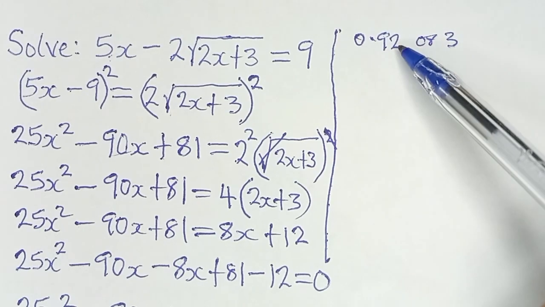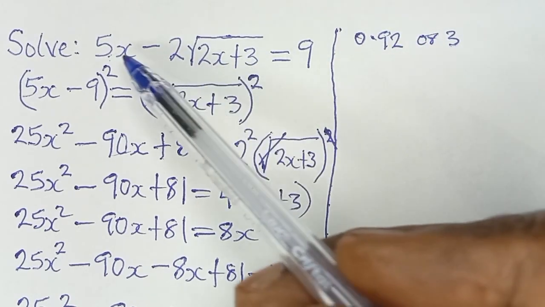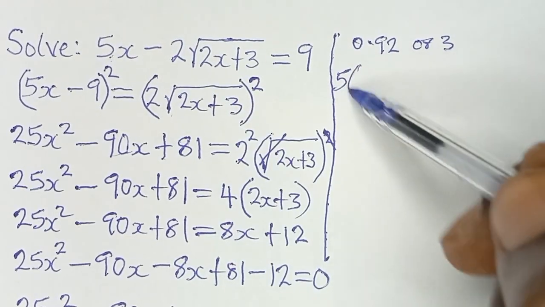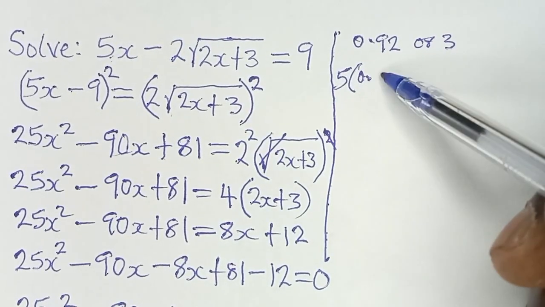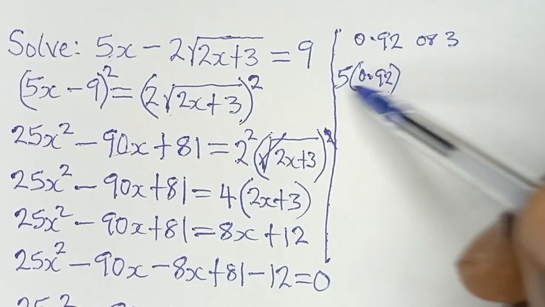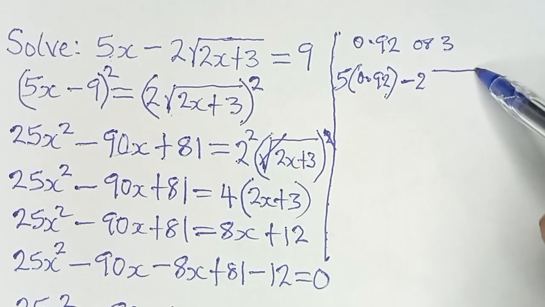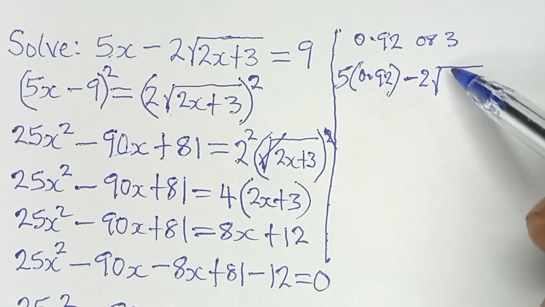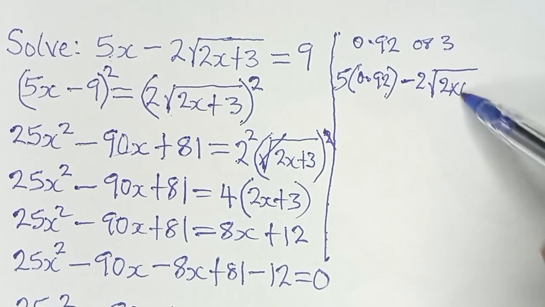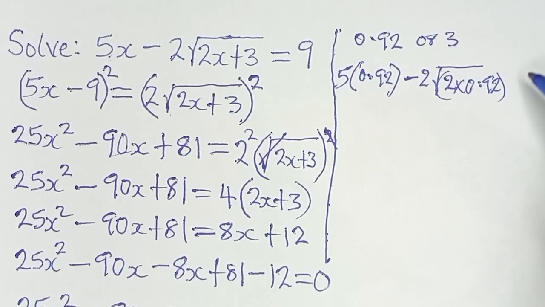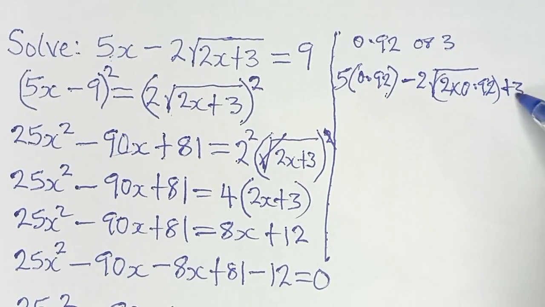So I have 5 multiplied by 0.92, since x is 0.92, and then minus 2 multiplied by the square root of 2 times 0.92, and then plus 3.